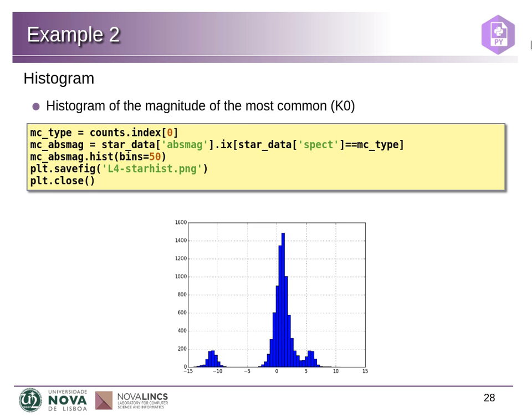So this is a series because we are only looking at one column, the absolute magnitude, and it's only a subset of the stars because of this series we only want those for which this is true, those stars for which this is true. So we are looking at a series with the absolute magnitude of all stars of spectral type K0. And now we take that series and plot the histogram and save the image.